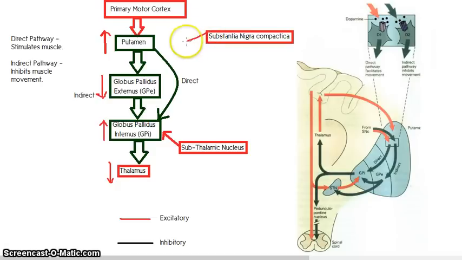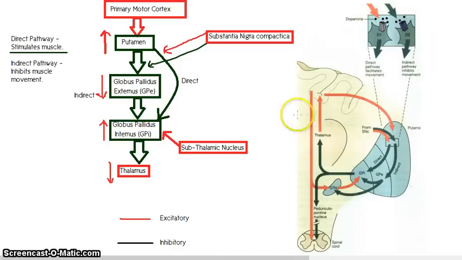And what it does is it stimulates the direct pathway, and it inhibits the indirect pathway. When we stimulate the direct pathway and inhibit the indirect pathway, it signals for a muscle movement. It's a stimulus for a muscle movement.